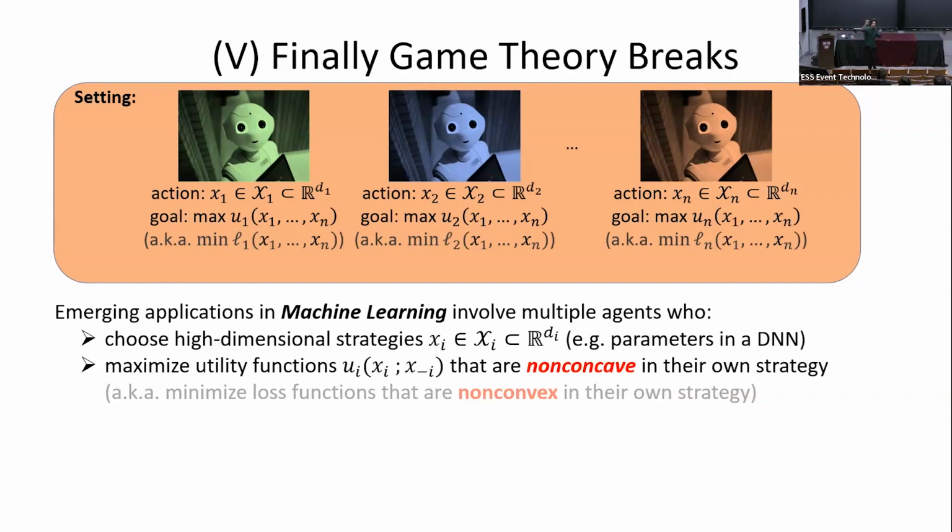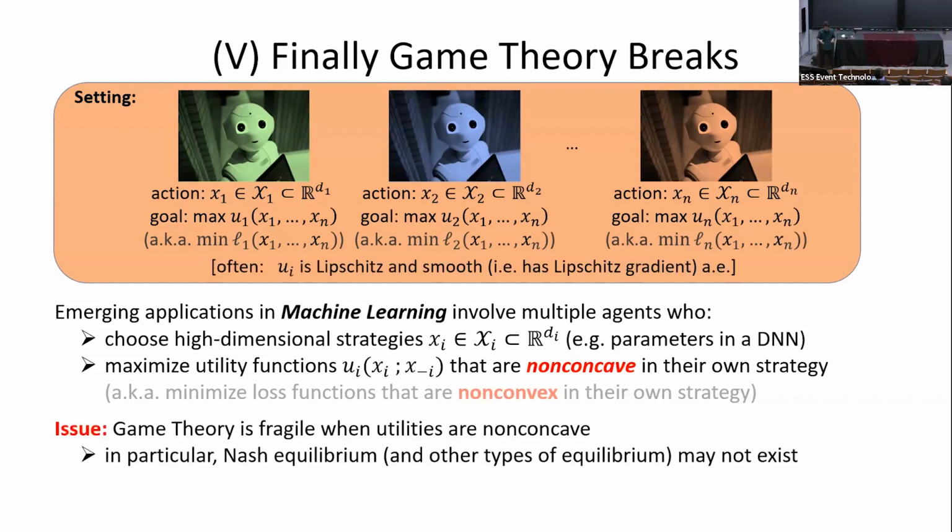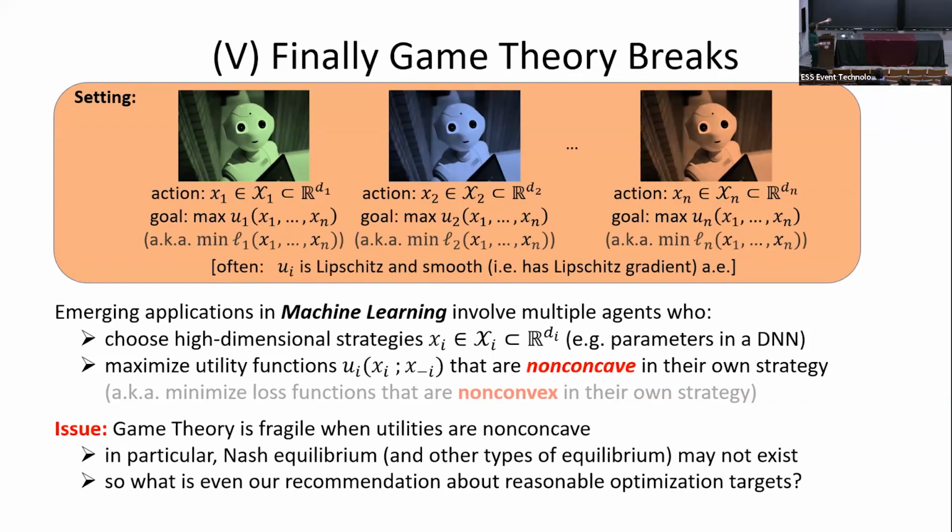best responses could be isolated, and they're not necessarily a convex set, and that breaks the existence theorems underlying the existence of Nash equilibria. Okay, which is what I'm writing here. So Nash equilibrium and other types of equilibria may not exist the moment you remove the concavity of the utilities.